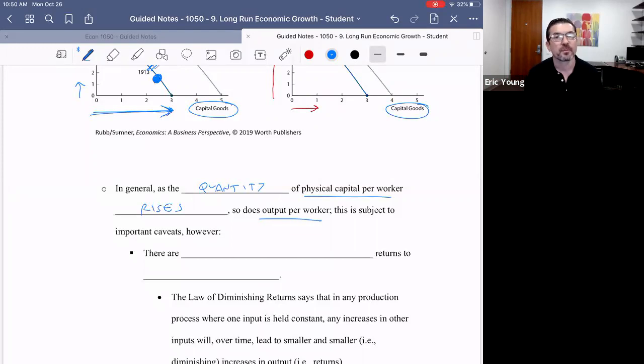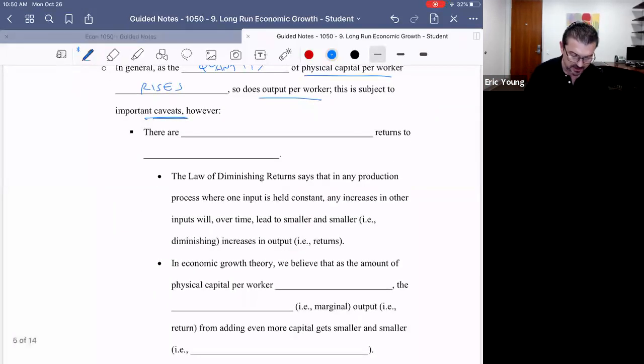Pretty straightforward. There are, however, several important caveats, okay? Several important exceptions to this. One exception is that there are diminishing returns to capital. Okay, big one here.